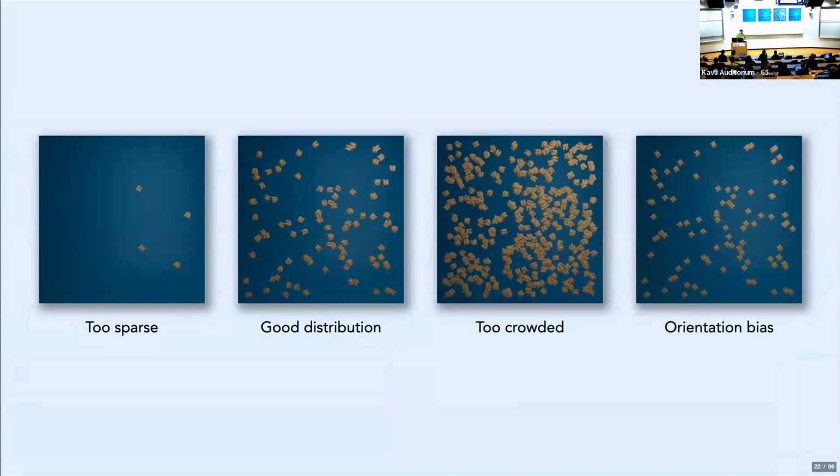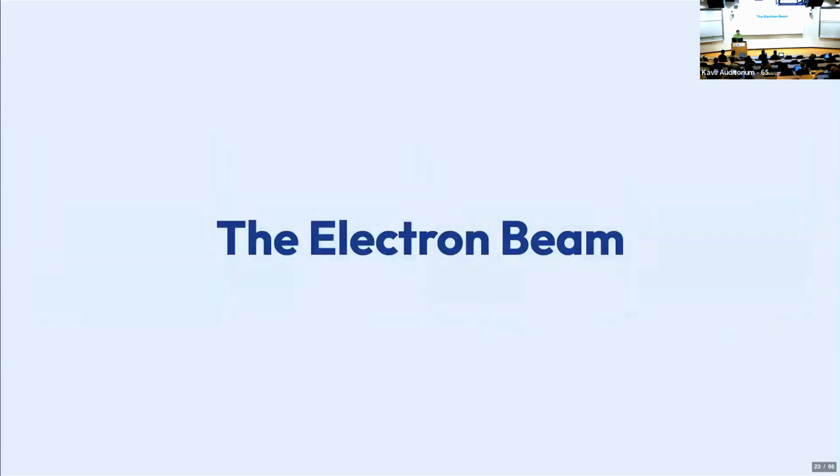The last kind of problem that is probably the most onerous is orientation bias, where all of these particles are in the exact same orientation. Like I said, you need that random orientation to make sure you've seen all the sides of your volume. And so if you have orientation bias, that problem is pretty hard to solve because we just don't know what the other poses look like. There are ways, but it's kind of stuff you might have to go back and collect new samples to resolve.